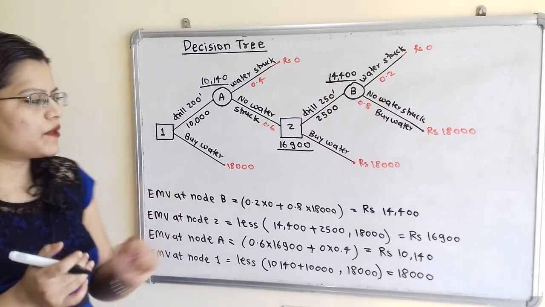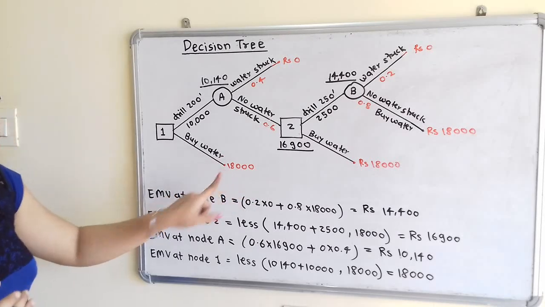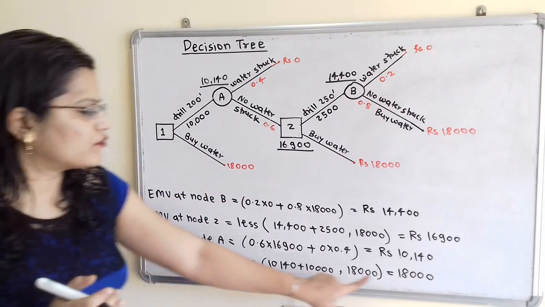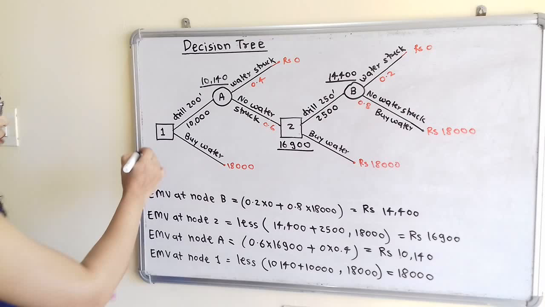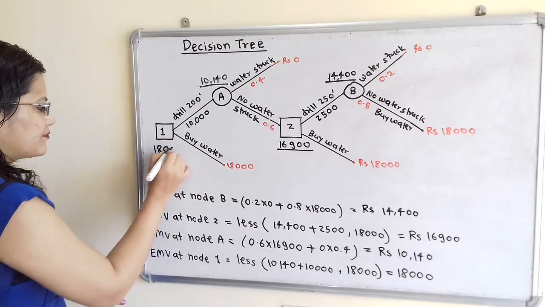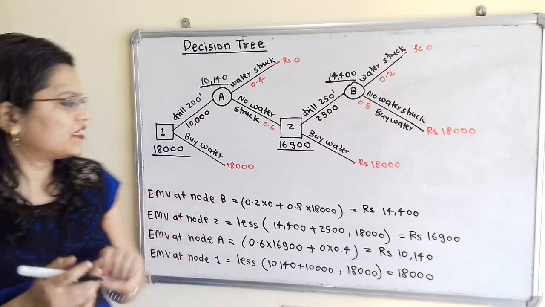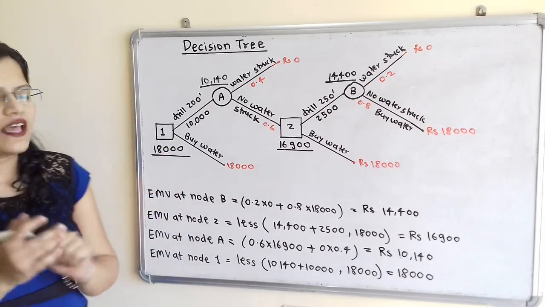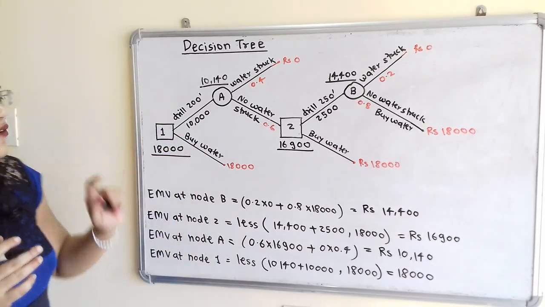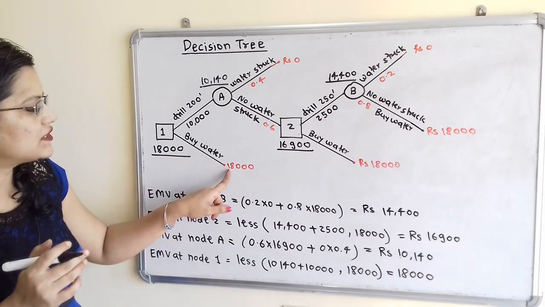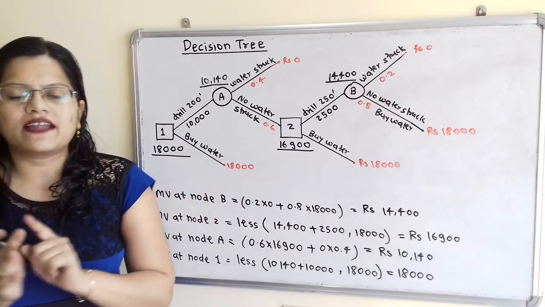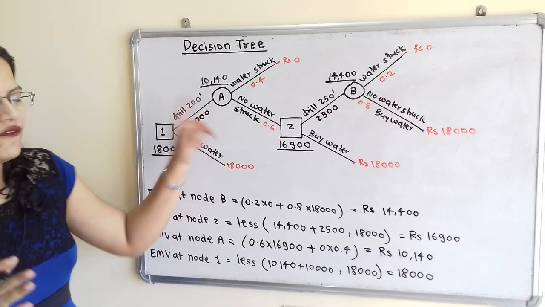So which is the minimum? The minimum value is 18,000. So the EMV at node 1 we have to select 18,000. That means what will be the best decision? The best decision is that Mr. Sinha should buy the water from the neighbor, which will cost 18,000 rupees, and he should not drill the well.